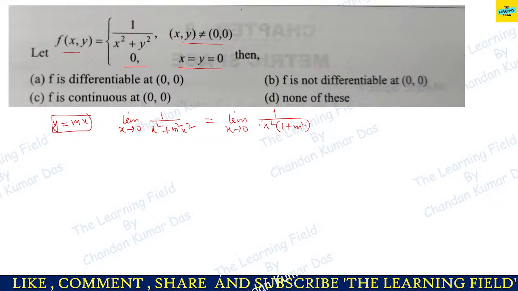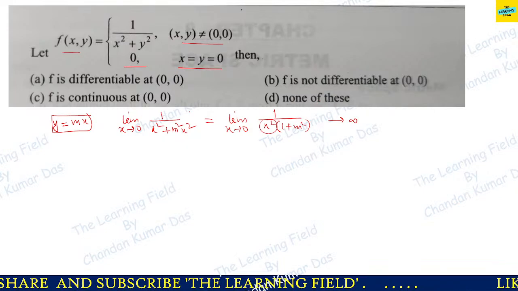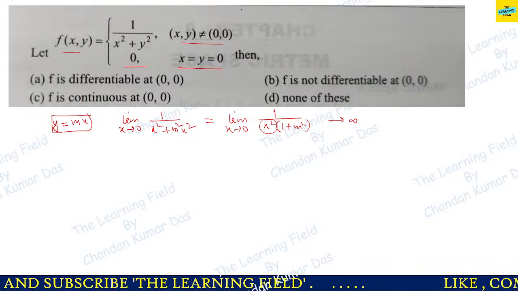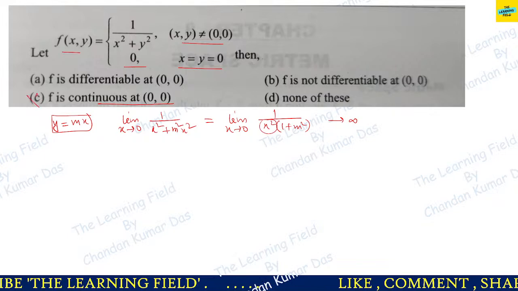Now this tends to infinity. Okay, that means the limit does not exist finitely, so this is not continuous, and it is given that it is continuous at 0 0. No, it is not continuous at 0 0.